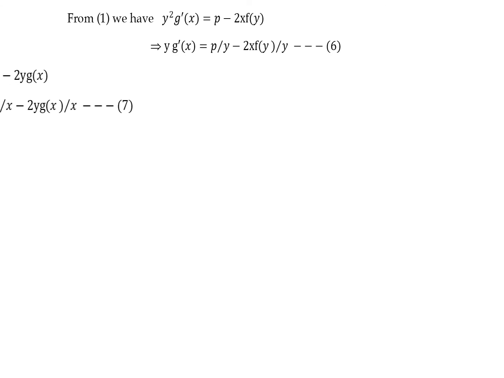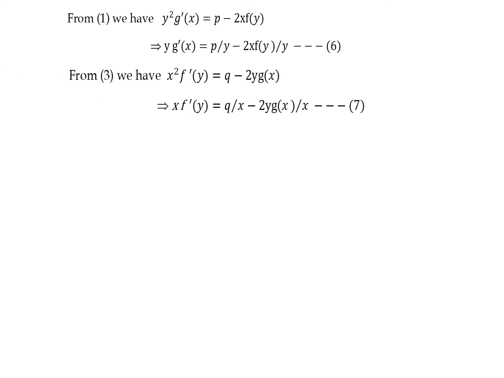Similarly, from equation 3 we will have the value of x squared f dash, and hence the value of x f dash. Call this equation 7. Why are we finding these two values specifically, that is y g dash and x f dash? Because from equation 5 we have s is 2x f dash plus 2y g dash.